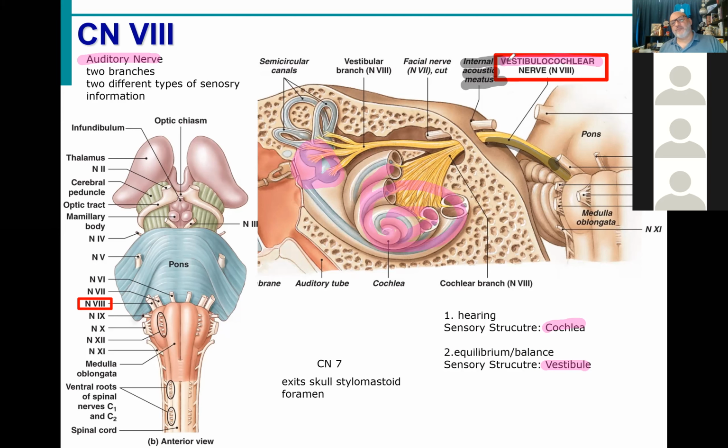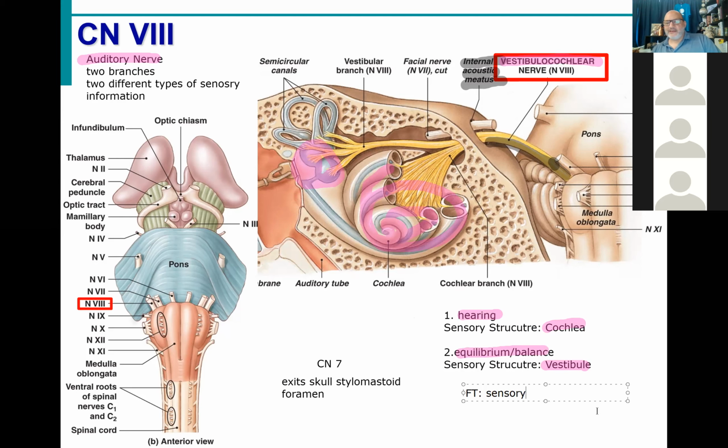It receives information from the vestibule and from the cochlea, giving us our hearing and our equilibrium and balance. Now, not surprisingly, that means its functional type is what? Sensory. Excellent, it is indeed sensory.